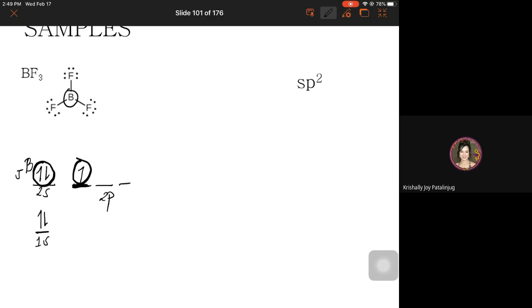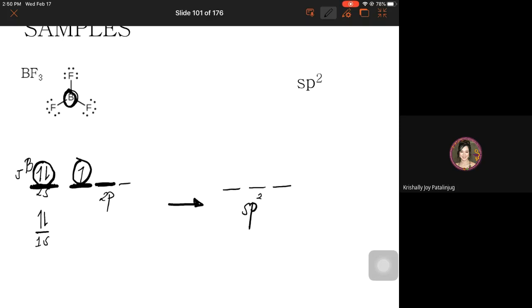Magme-mix tayo ng atomic orbitals para makabuo tayo ng bagong set of atomic orbitals para capable na yung central atom na boron to form 3 covalent bonds. Alright? So, yung mangyayari, mix tayo ng isang s and 2 p orbitals. And that will form sp2. So we have 1, 2, 3.